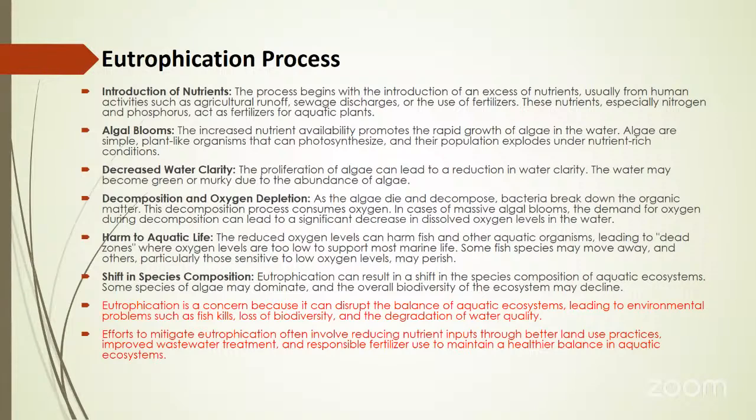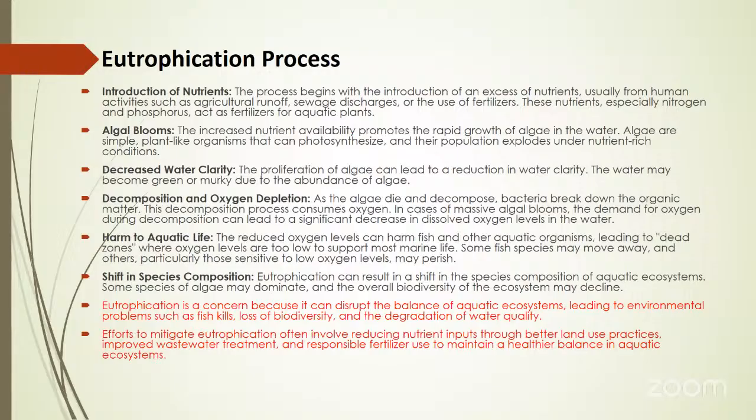The process of eutrophication begins with introduction of excess nutrients from human activities like excreta, agricultural runoff from our farms, sewage discharge, the use of fertilizer that will later run off into the water body, and all these nutrients like nitrogen and phosphorus will act as fertilizers for the aquatic plants or aquatic organisms like algae. So they encourage them to grow.